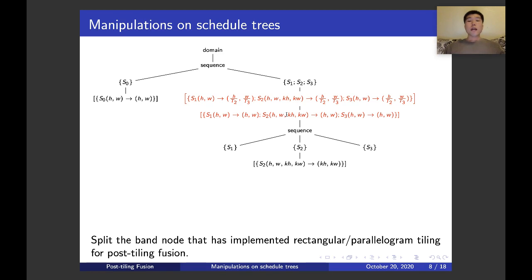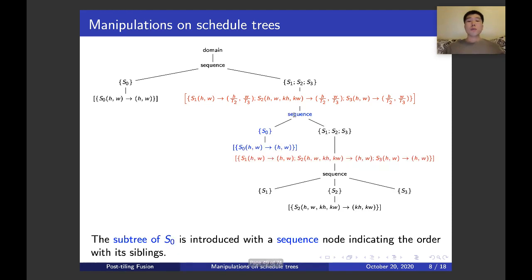As we intend to implement post-tiling fusion, one has to introduce a sequence node between the tile dimension. The sequence node is used to express the given order of S0 with its siblings S1, S2, and S3.